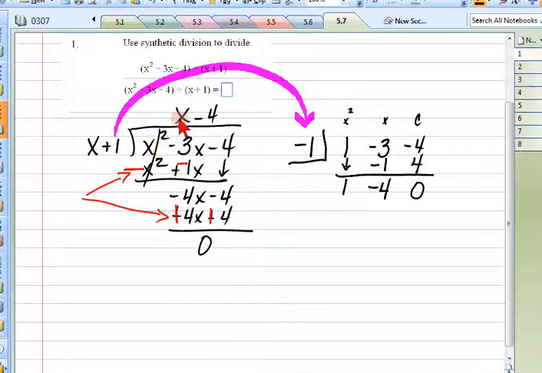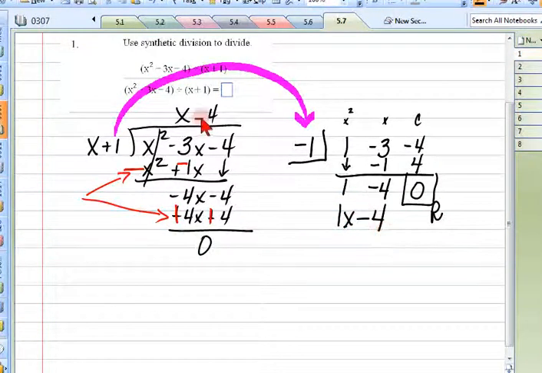This was x squared, this was x. That means that if this is x squared, this will always be 1 degree lower. This will be 1x. This will then be the constant, minus 4. This is always the remainder. The answer is 1x minus 4. Was that the answer you got over here?